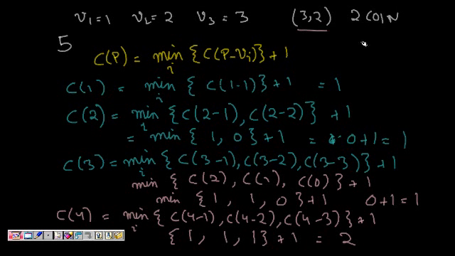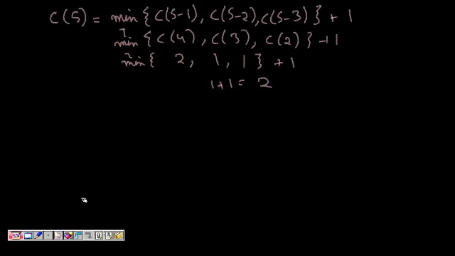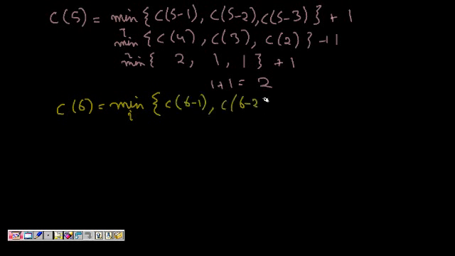Similarly 6, how many coins? We can again do it with 3 comma 3, and we will just try it out for 6 also. So C of 6 will be equal to the minimum, for all i's, of C of 6 minus 1, C of 6 minus 2, C of 6 minus 3.